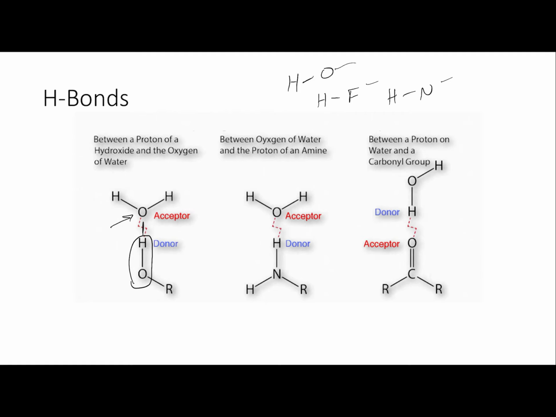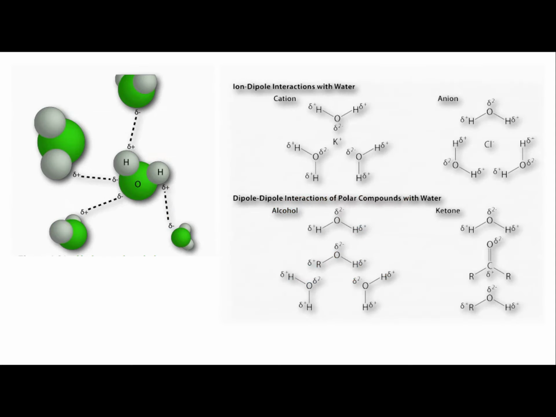And so hydrogen bonds can exist between hydroxide groups in water, between oxygens of water and a hydrogen of a different group, right? So we can even have them from the proton in water to the oxygen of a different water, or a carbonyl group. These C double bond O's are also going to be participating in hydrogen bonding. So there's a lot of hydrogen bonding going on.